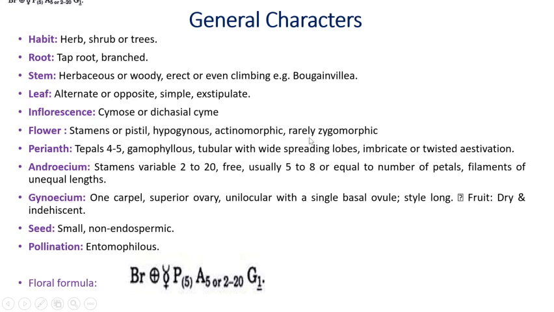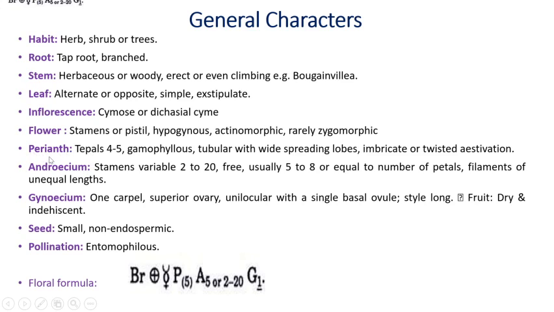But in some rare plants, a zygomorphic symmetry is there. Zygomorphic means the flower is cut into two equal parts through only one plane. Actinomorphic becomes divided into two equal parts through any plane. There are two types of symmetry, actinomorphic and zygomorphic.